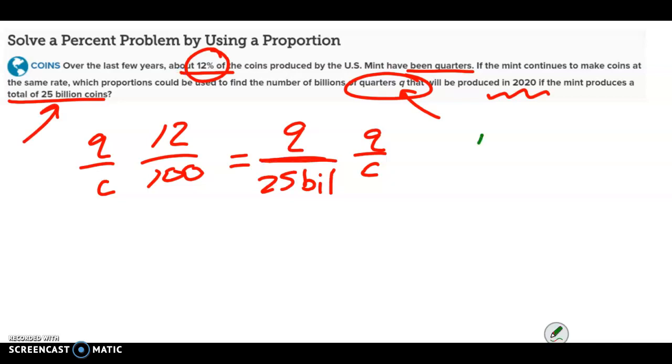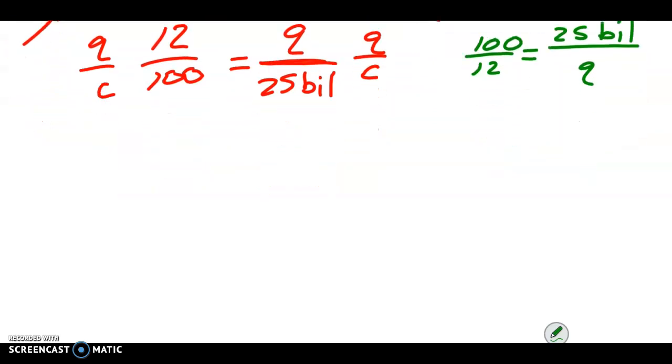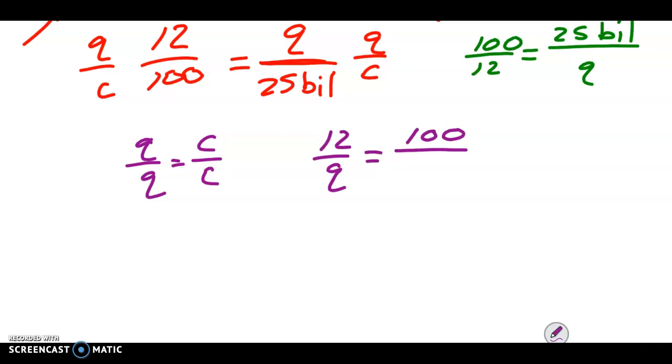You could have 100 over 12 equal 25 billion over Q. Or you could have quarters compared to quarters equaling coins compared to coins. So you could have 12 over Q equals 100 over 25 billion.